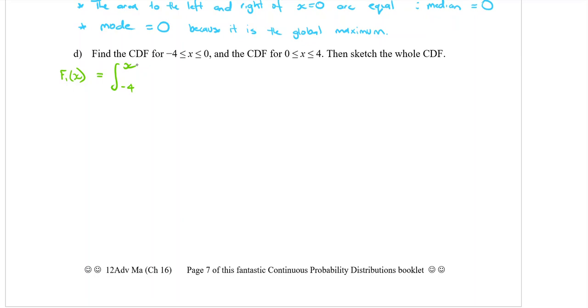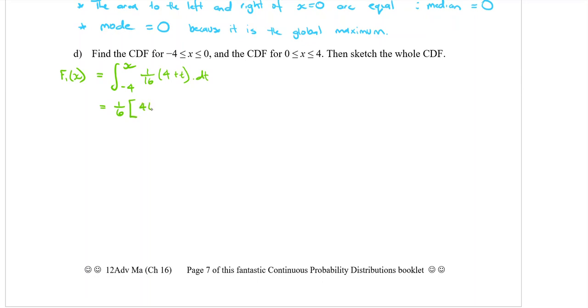Okay? I'm going to integrate the function, which was 1 over 16, and we're just changing it into t, so 4 plus t, and we're integrating with respect to t so that we can put the x back in. When I integrate that, I have 1 over 16. I'm just going to slide that out the front.